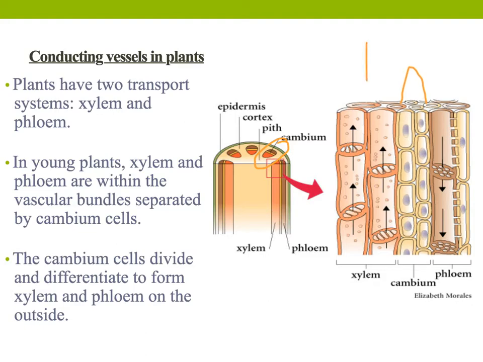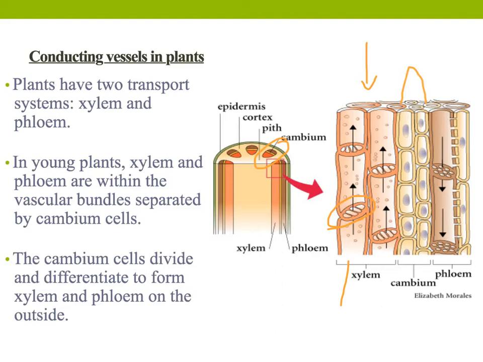Cambium cells divide and differentiate into xylem and phloem. Just having a look here at the xylem cells, you can see that they are semi-hollow tubes, remembering they are dead cells, and they have these perforations at the ends of their cells that allows the water to flow through.